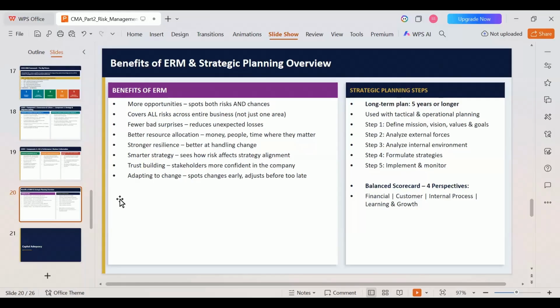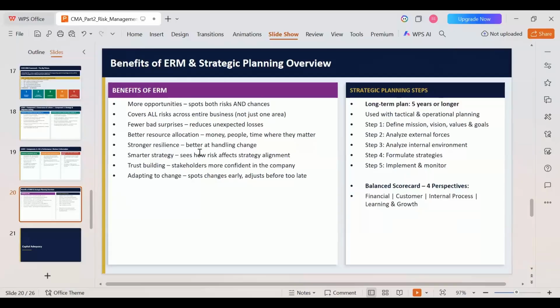Then it covers all risks across the entire business, not just one area. Then fewer bad surprises and more opportunities, because as we are reducing the risk impact, bad surprises will be reduced as well. Then better resource allocation. So it helps us to enhance our efficiency by allocating our resources in the best possible manner.